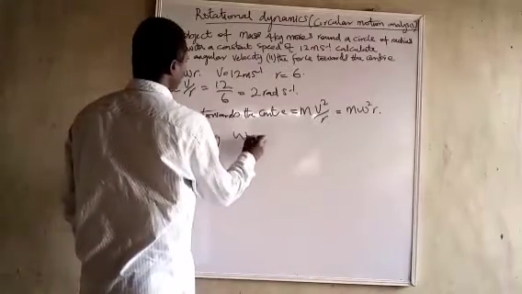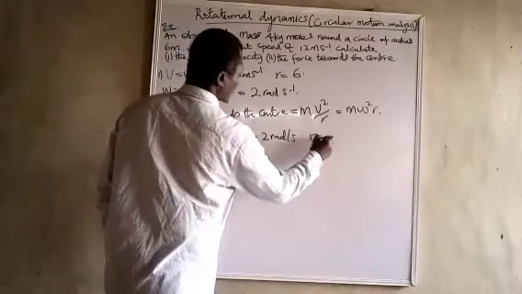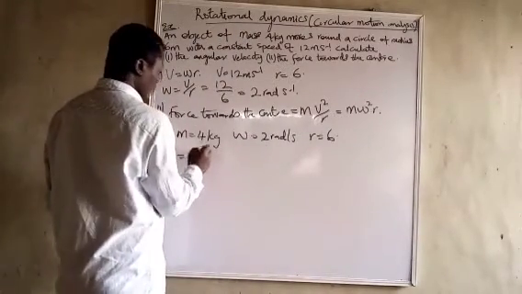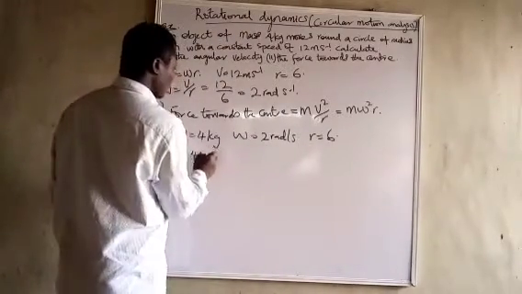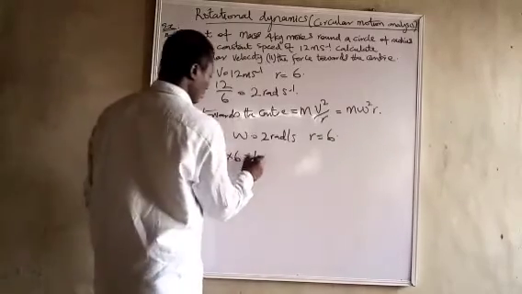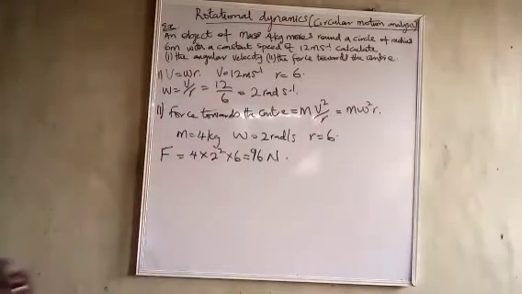Our omega is 2 rad per second, and our radius is equal to 6. So force towards the center, F, is equal to 4 times 2 squared times 6, and that is 96 Newton. So that is the force towards the center. Very simple.